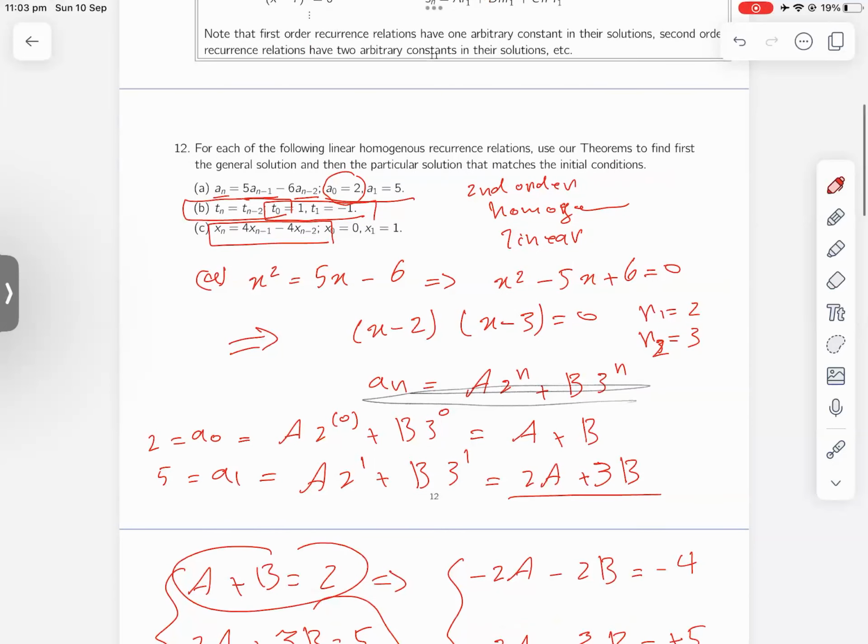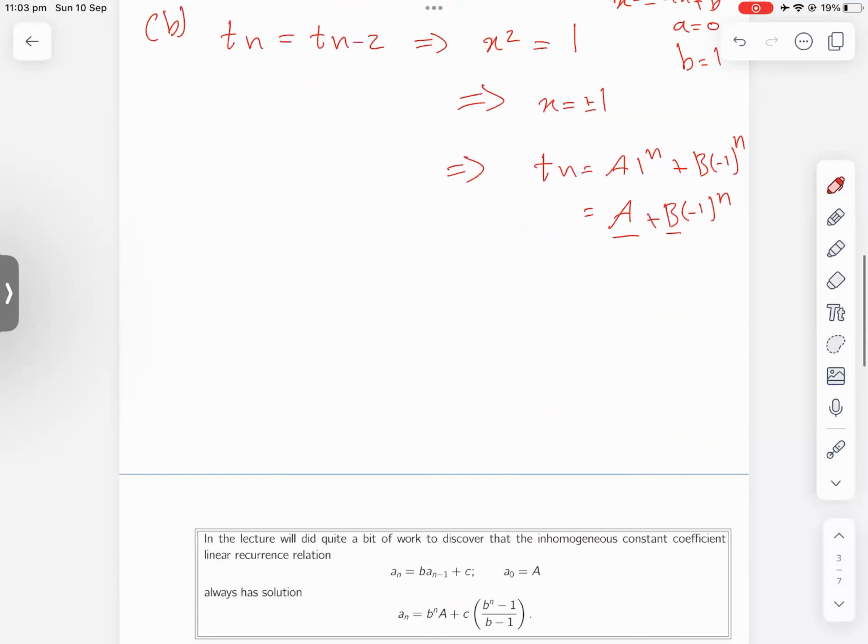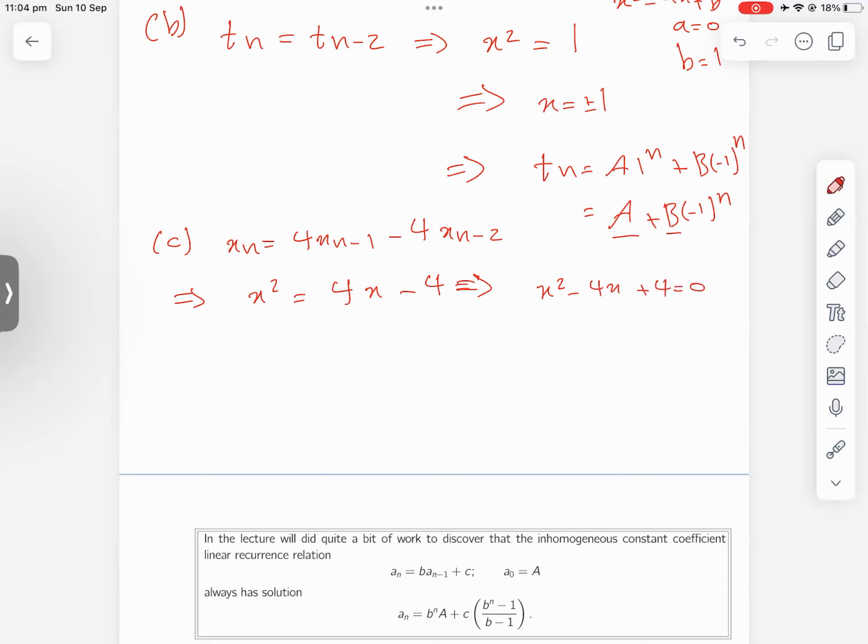So let's have a look at this one. x_{n+2} equals 4 x_{n+1} minus 4 x_n. From here, x squared equal 4x minus 4. As a result, x squared minus 4x plus 4 equals 0.